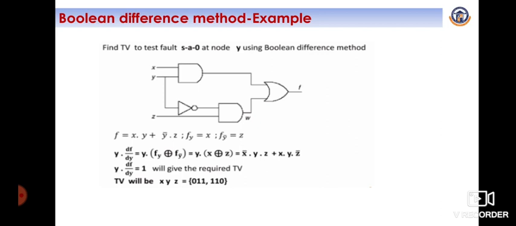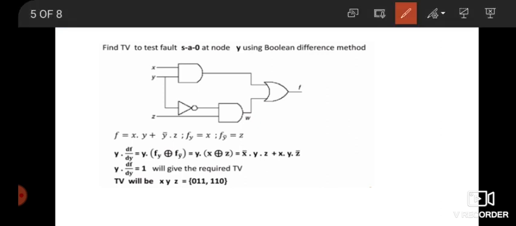Same circuit. Our expression is f equal to x dot y plus y bar z. From this circuit we are going to find two values, that is f of y and f of y bar, so that f of y XOR f of y bar equal to 1. This is the condition of the Boolean difference method.